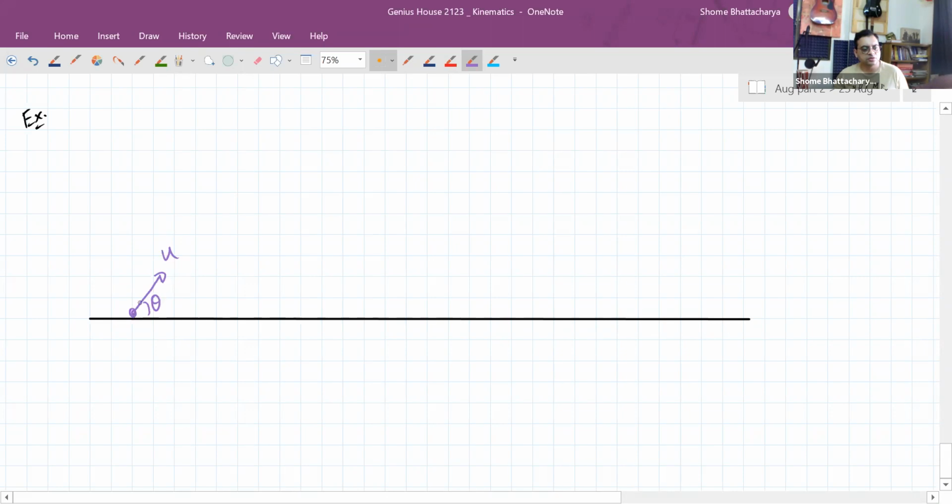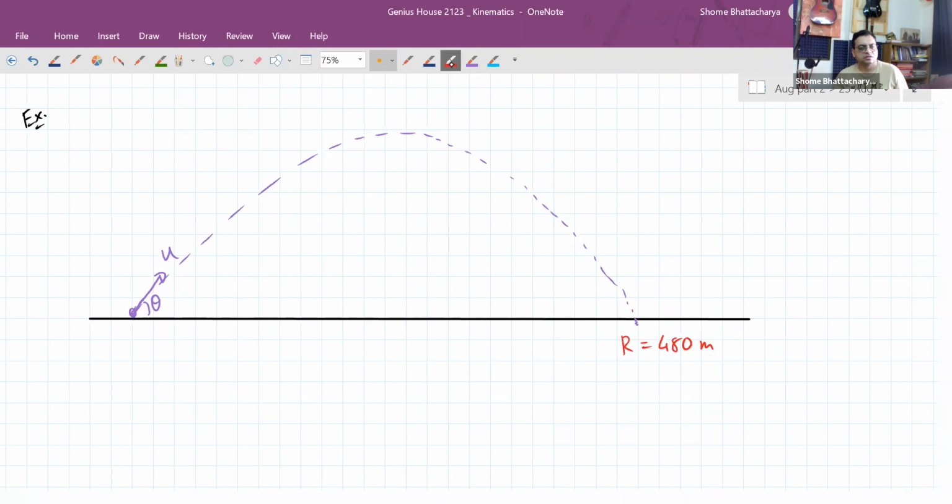So what is given to us? The range is given to us as 480 meters.